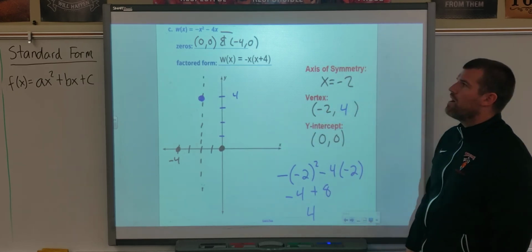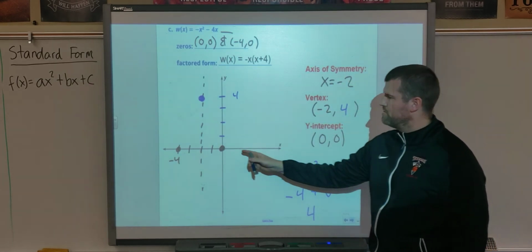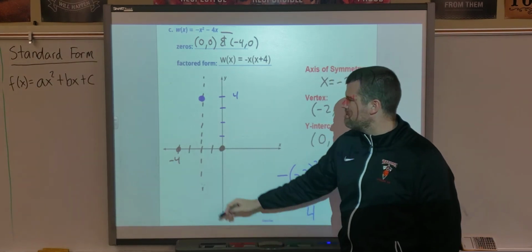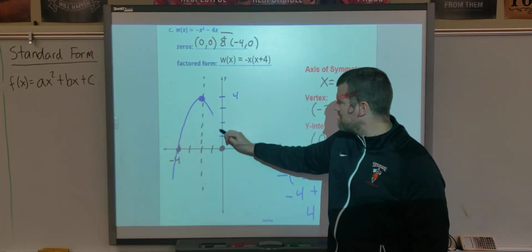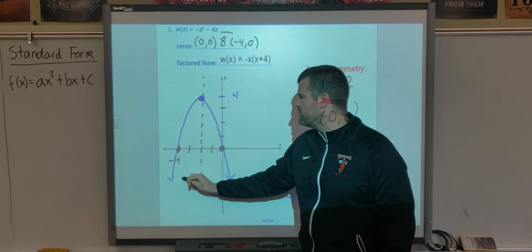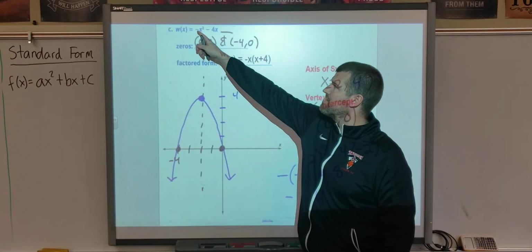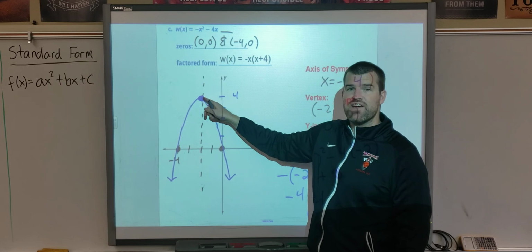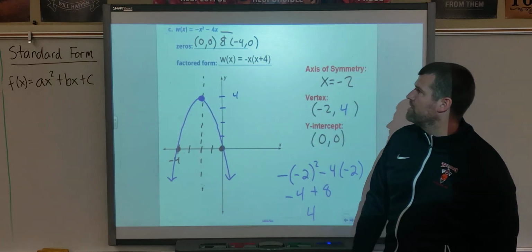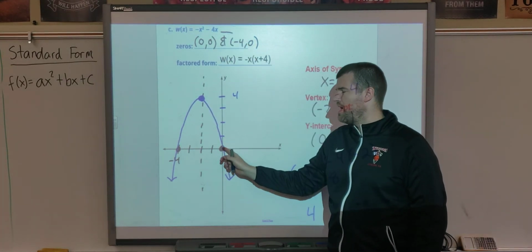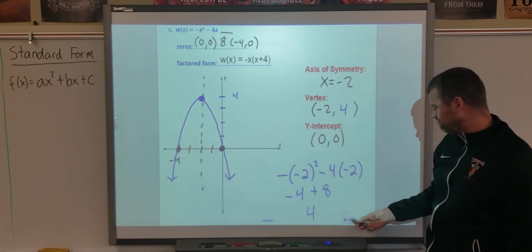And then we said our y-intercept was 0, which we already have a point there. So we have enough to connect our dots in our U-shaped parabola. Again, it's upside down because our A is negative. If our A is negative, we have a maximum. And then our C value is 0, so our y-intercept is 0.